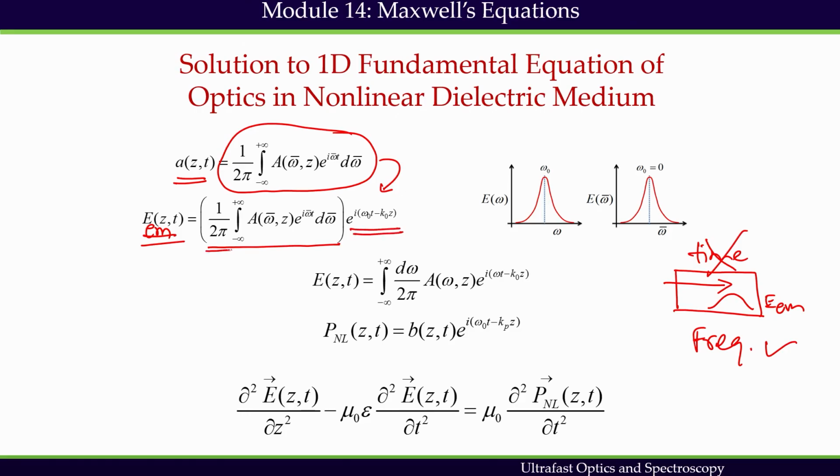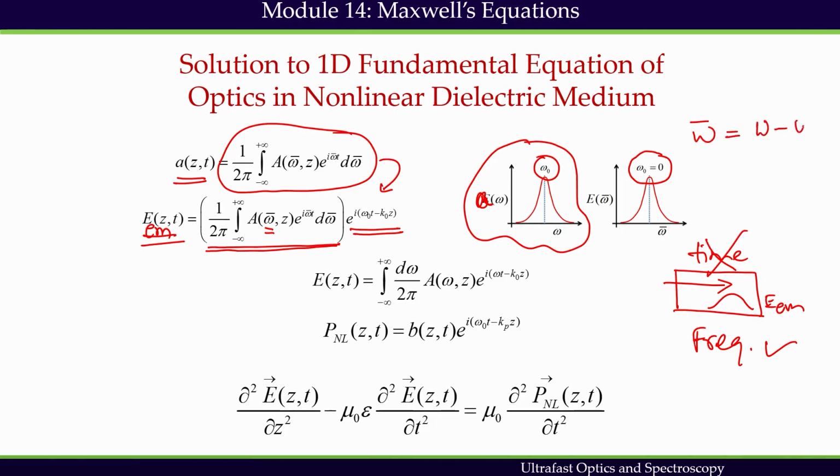So, this part is in the frequency domain, and this omega bar is nothing but a conversion of the variable. This A(omega) is centered at omega naught, that we know. So, if we make it centered at omega naught, then I can define omega bar, a new variable, which is nothing but omega minus omega naught.